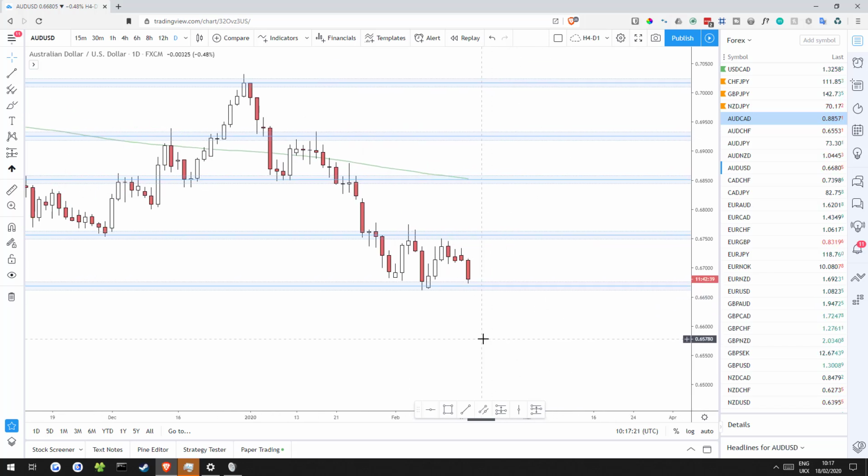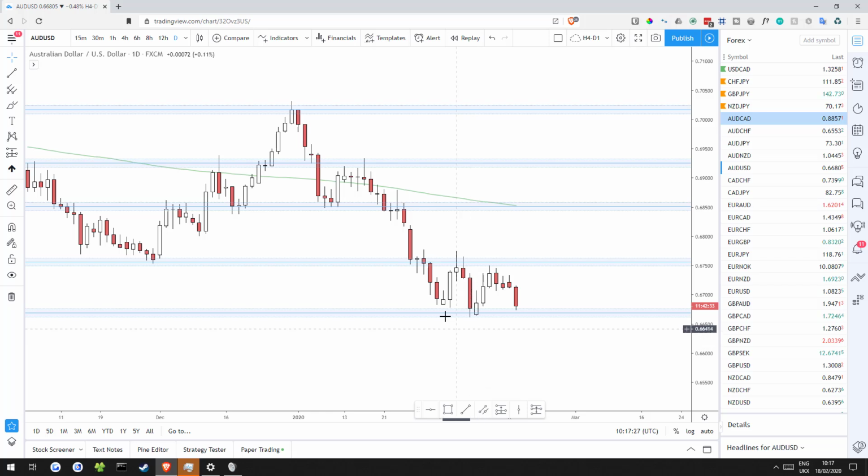What I would want to see here would be a break and a close below this low. Now what we have here is not a perfect double top, not by any means, but we do have a bit of a double top going on.